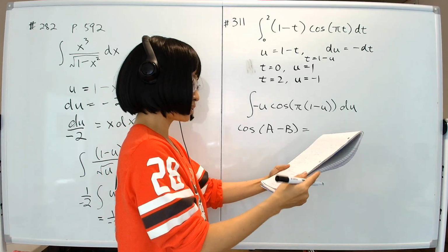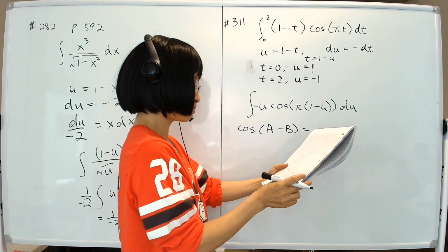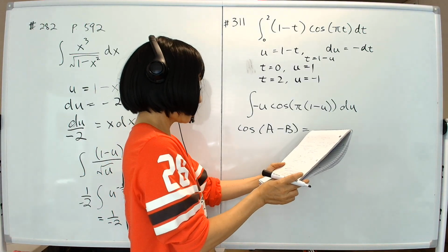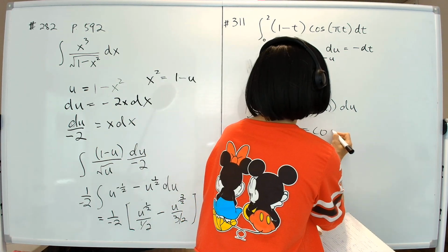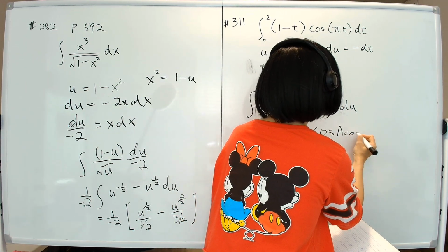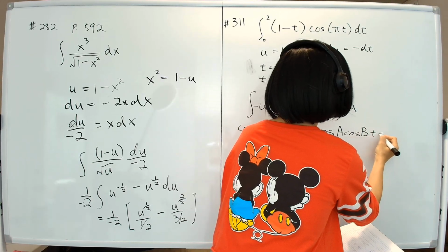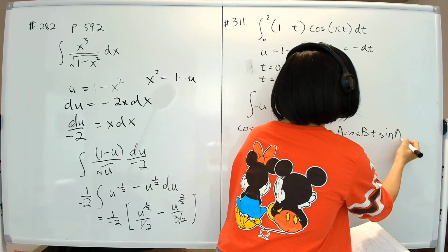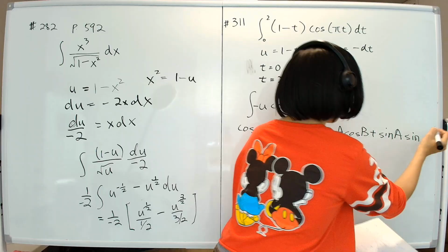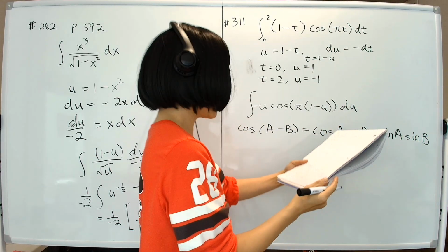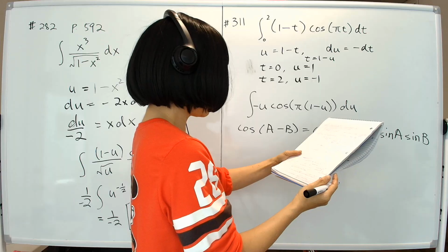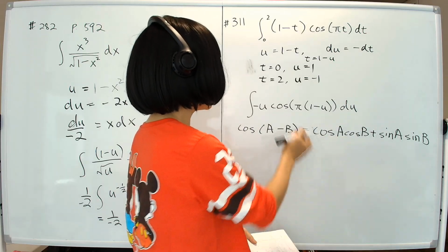If you don't remember it, just go ahead and look it up, or just believe me. Either way, cosine of a minus b equals cosine a cosine b plus sine a sine b. This is the cosine sum of angles formula.